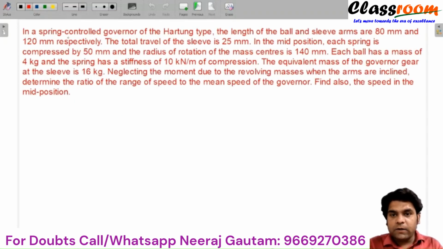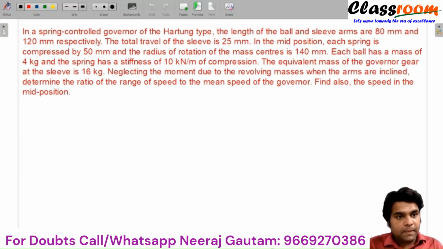A spring controlled governor of Hartnell type. The lengths of the ball and sleeve arms are 80 mm and 120 mm respectively. The total travel of the sleeve is 25 mm. In the mid position, each spring is compressed by 50 mm and the radius of rotation of the mass center is 140 mm.